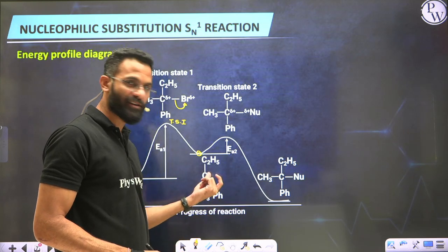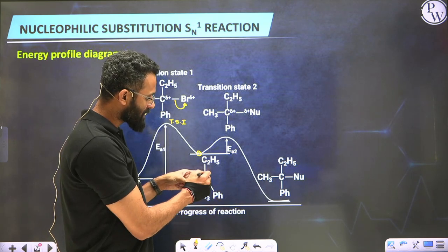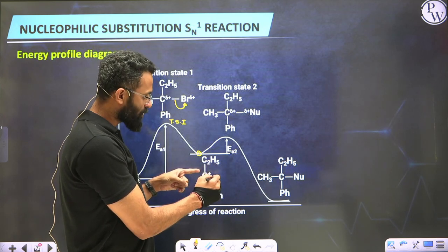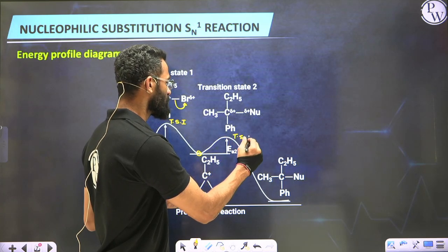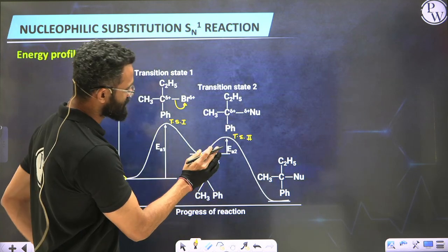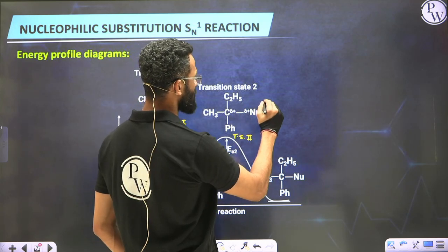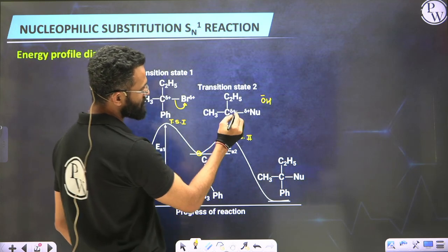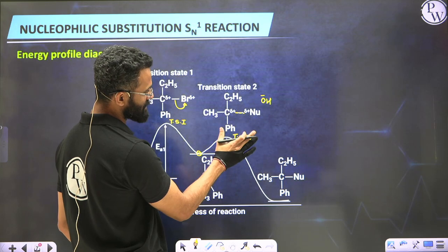Once the carbocation is formed, now listen to me carefully. We had shown attack of water. When we showed attack of water, there was new bond formation between the cationic carbon and oxygen, which was a partial bond. Partial bond meaning again it got converted to transition state 2. Now the only difference is here we have directly represented a nucleophile. Imagine if instead of water I had represented only OH minus, then there would have been bond making between the carbon and OH, and you would have got transition state 2.